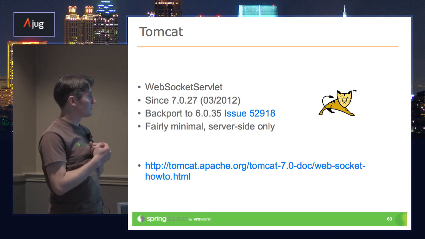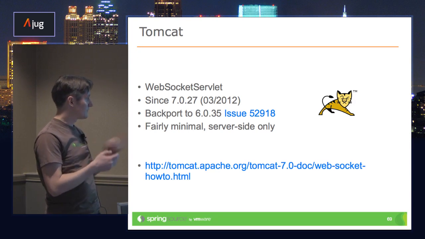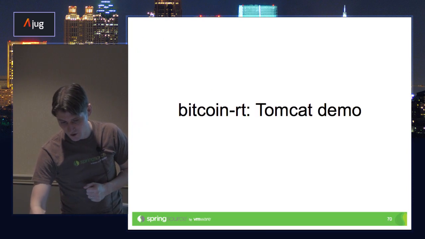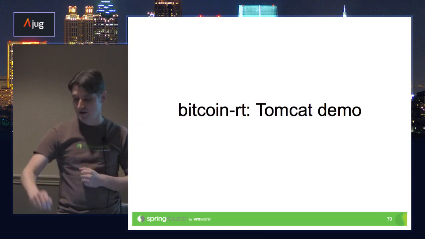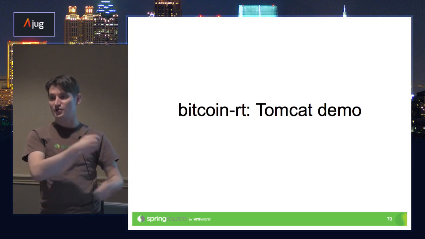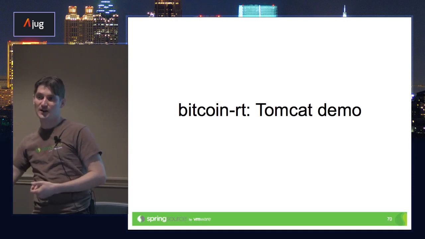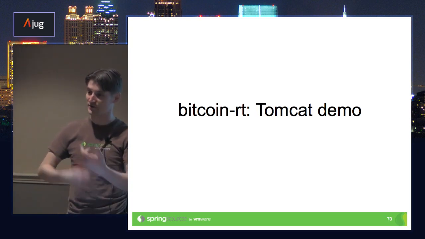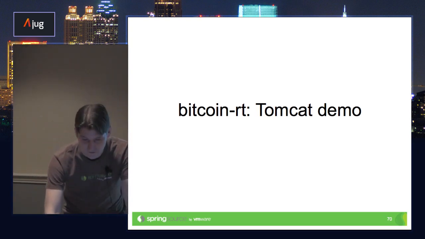It's a fairly minimal implementation, with a link to the how-to. But always keep in mind that all those efforts are probably going to change quite dramatically as the JSR standardization matures. Lots of the stuff is highly in flux.